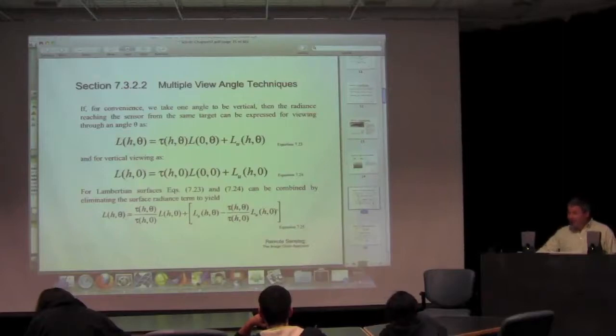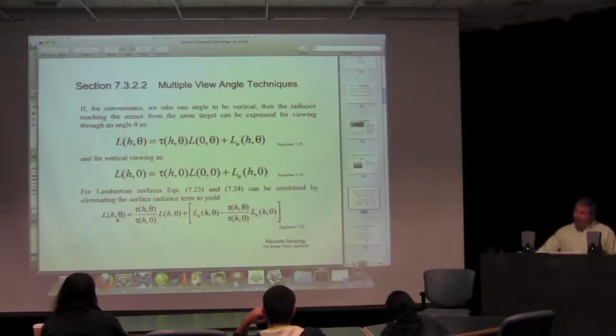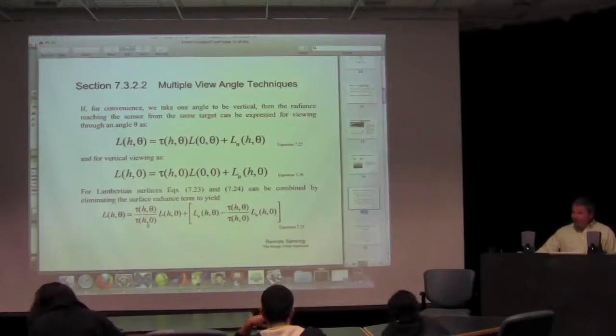Right? And then if you look how everything's structured here, if you plot the radiance reaching the sensor at some angle as your independent variable, or abscissa terms, your slope's going to be a ratio of transmissions along the path, and your intercept term is going to be this combination of path radiance through some angular path, straight up, and that same ratio of transmission terms.